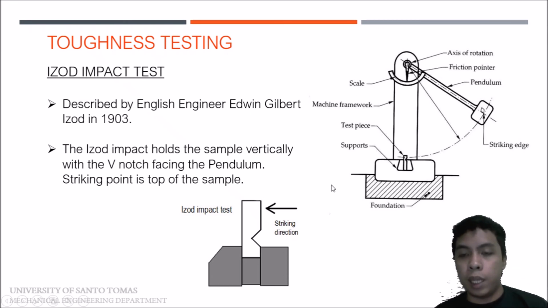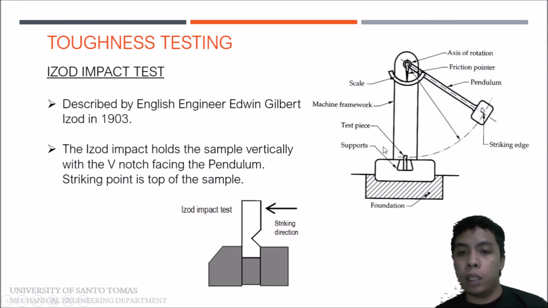So let's look at the schematic diagram of the Izod impact test. We have this rod or lever, and at the end of that lever we have a striking edge. This striking edge is heavy. By gravity, this striking edge swings towards the specimen with an impact. Then the impact will be measured by this scale, and our friction pointer will move.